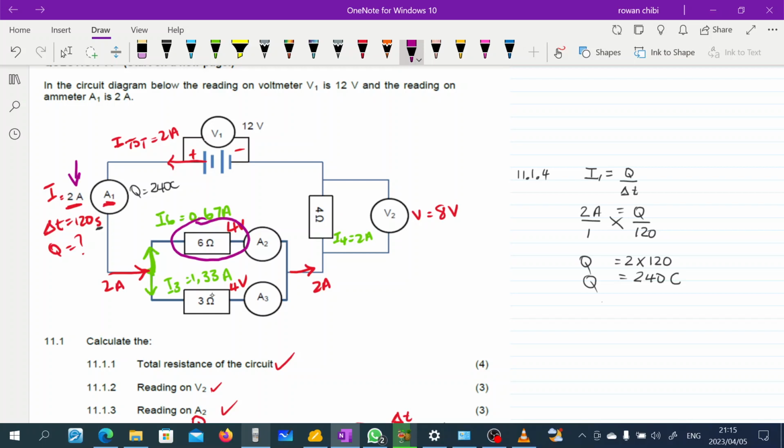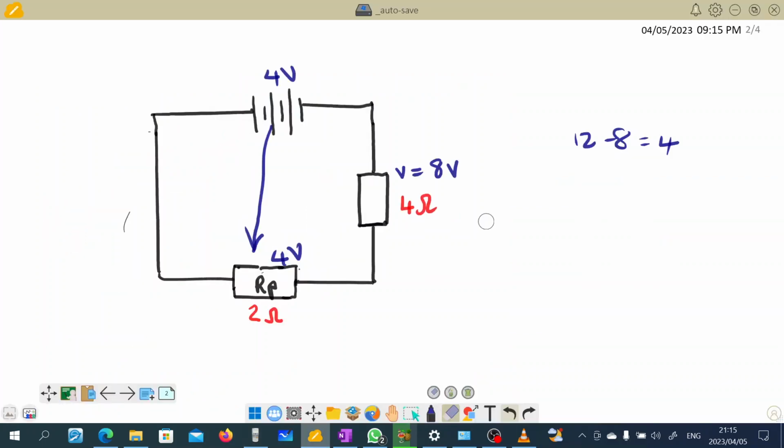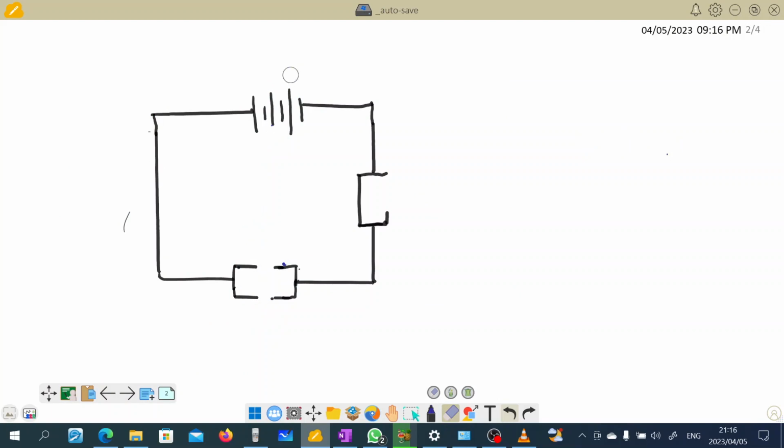So let me give you a picture of what they are saying here. Let me use this circuit again. I'm going to show you a picture of what they are saying. So I'm going to erase all of this.